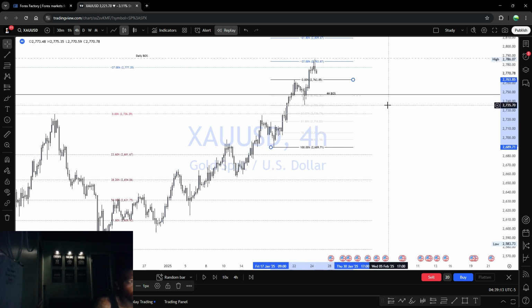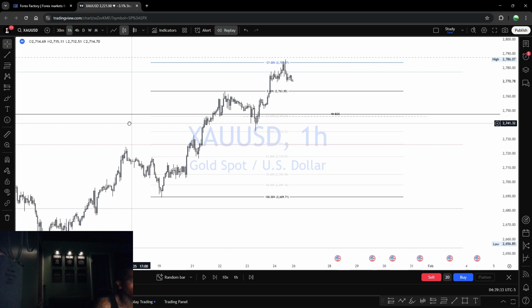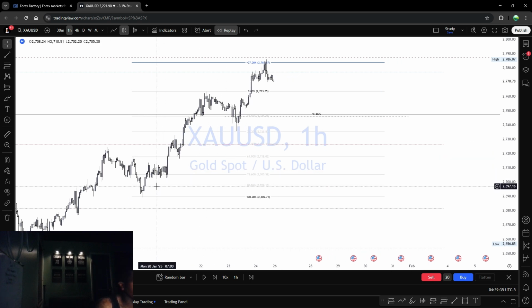Of course, we have this market structure here, and we have this level here that we're going to watch for. So jump down to 1 hour. Like I said, this is really a 4 hour field direction.